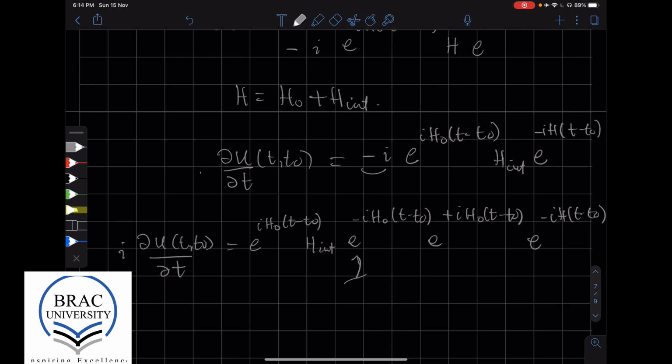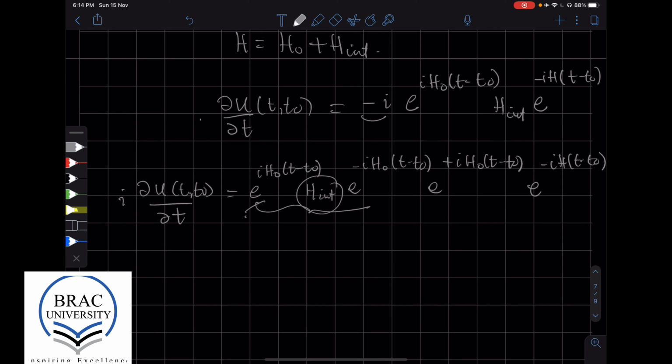Now, this H int is the interaction Hamiltonian in the Schrodinger picture, and these factors just transform it to the interaction Hamiltonian in the interaction picture. So we can write this as H interaction in the interaction picture, and this will depend on time in general.